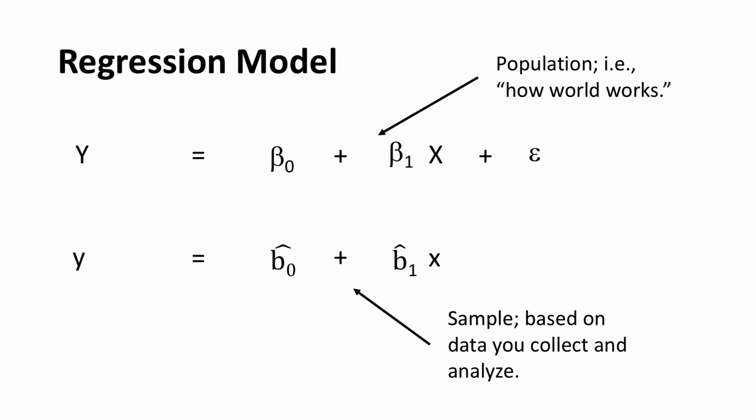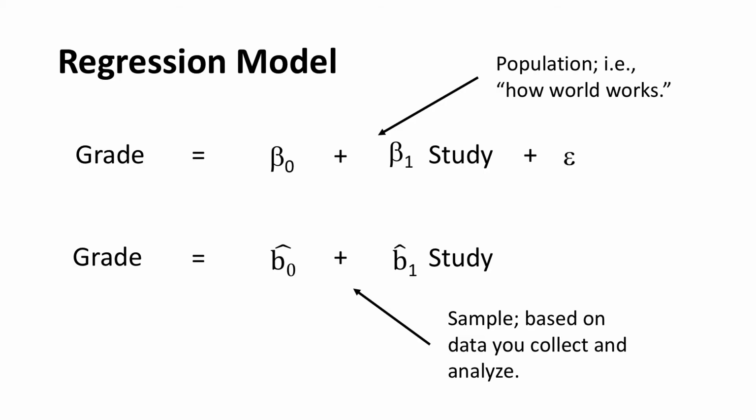Unfortunately, we really never have access to an entire population, so instead we conduct regression analysis using information on a sample of data. So a sample regression model is y equals b subscript 0 hat plus b subscript 1 hat times x.